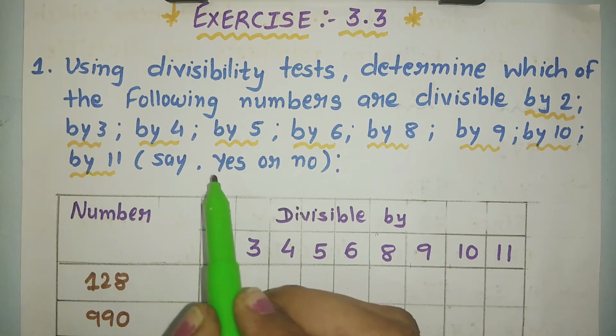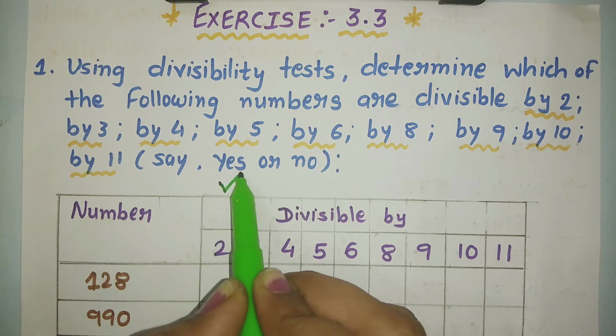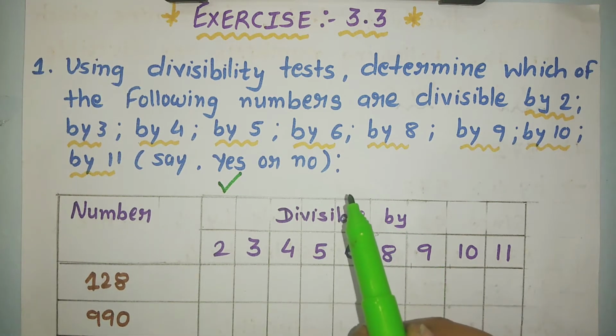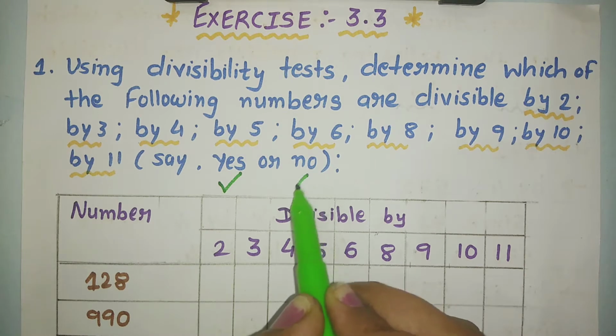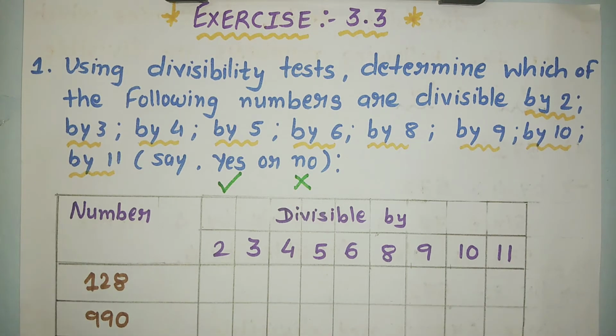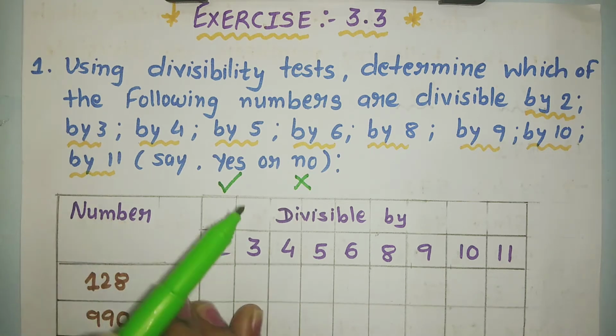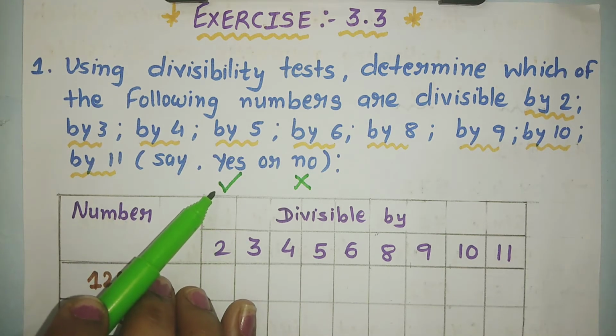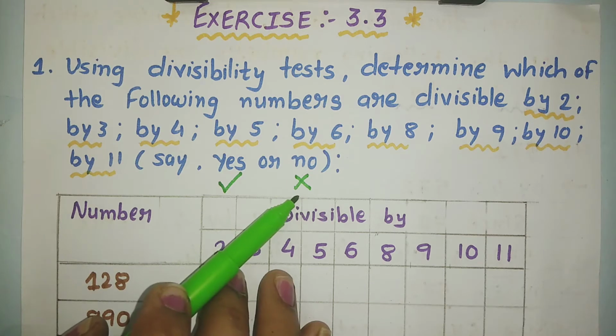Instead of yes, I will write the symbol of right sign, and instead of no, the symbol of wrong, as we don't have that much space to write yes or no.